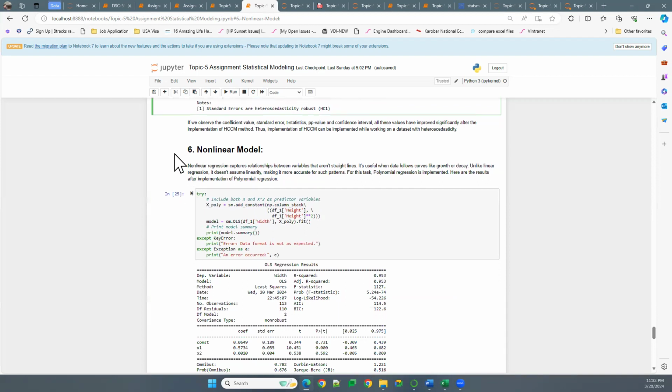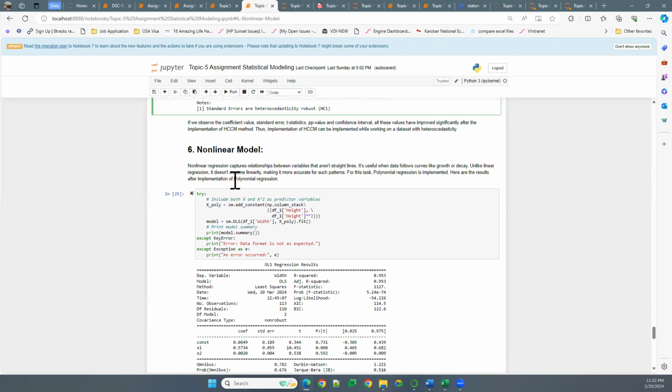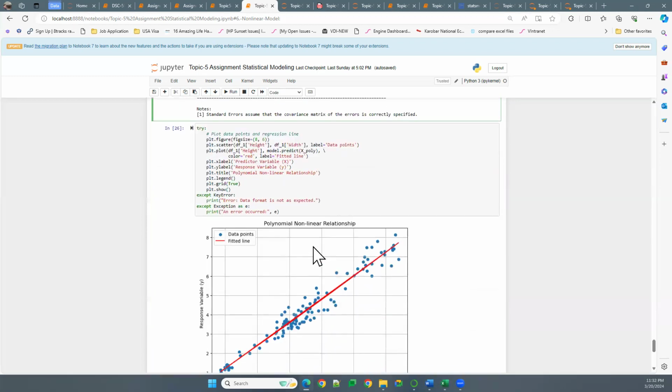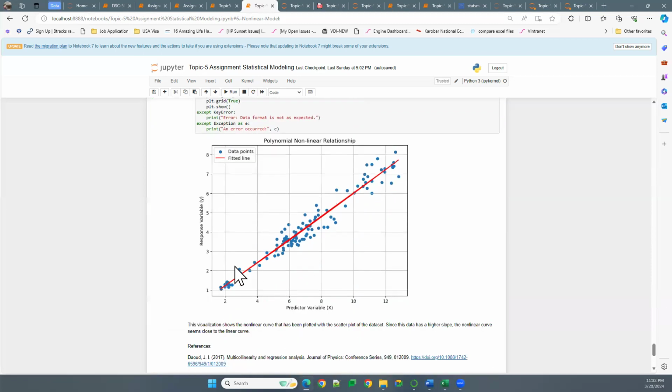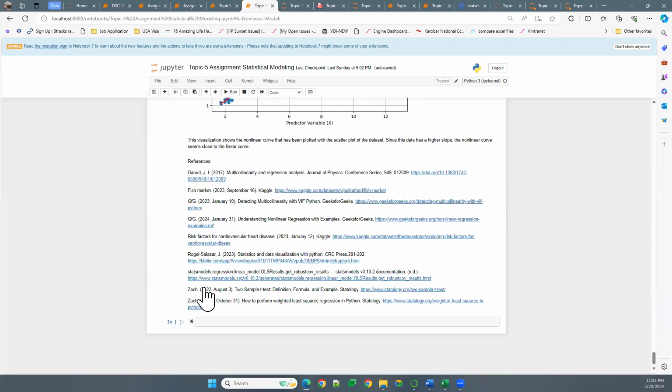And then lastly, for question number 6, I used the polynomial regression and derived the values, derived the summary report for the same, and also plotted the nonlinear regression line. And I have also included the references in the Jupyter Notebook as well.